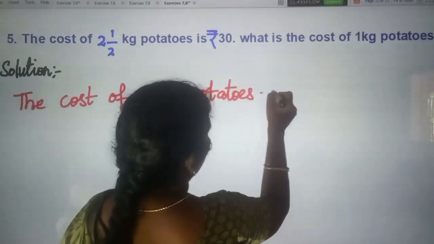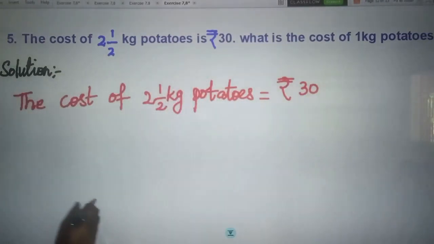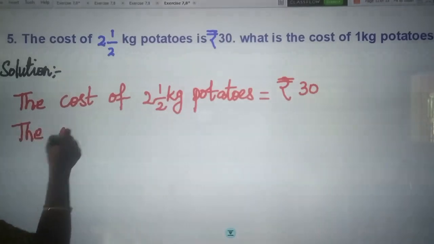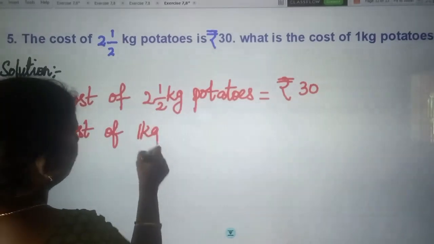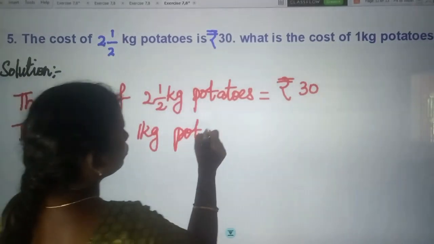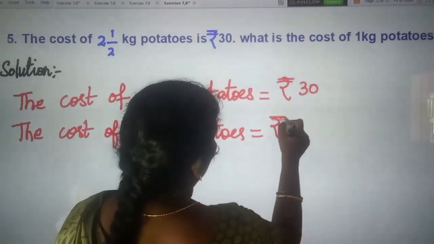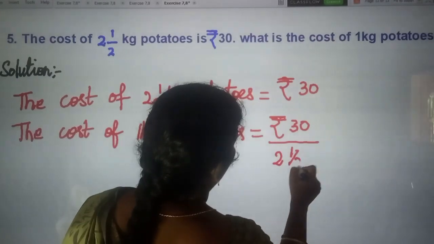We have to write the statement what is given first. It is rupees 30. Now we are going to calculate for cost of 1 kg of potatoes. Therefore, cost of 1 kg of potatoes is equal to rupees 30 divided by 2½.